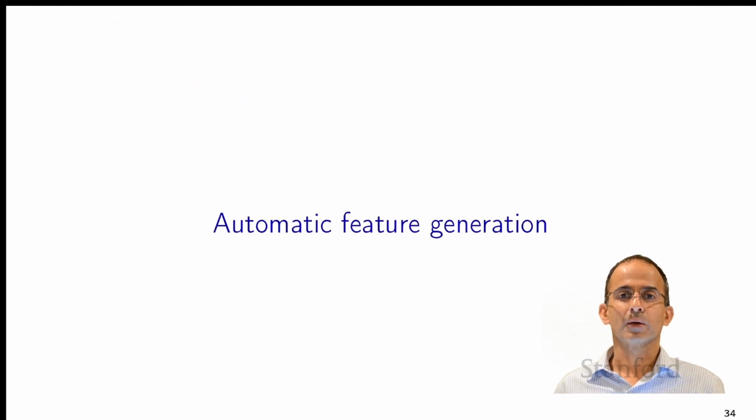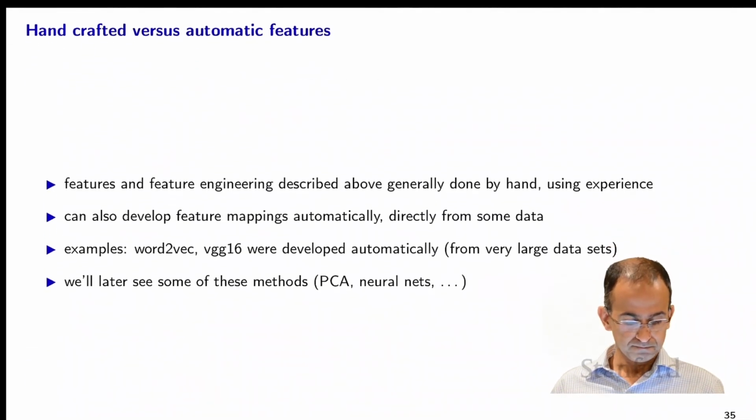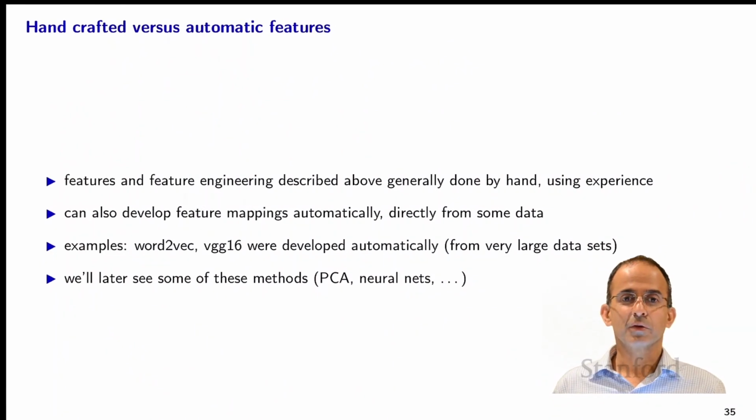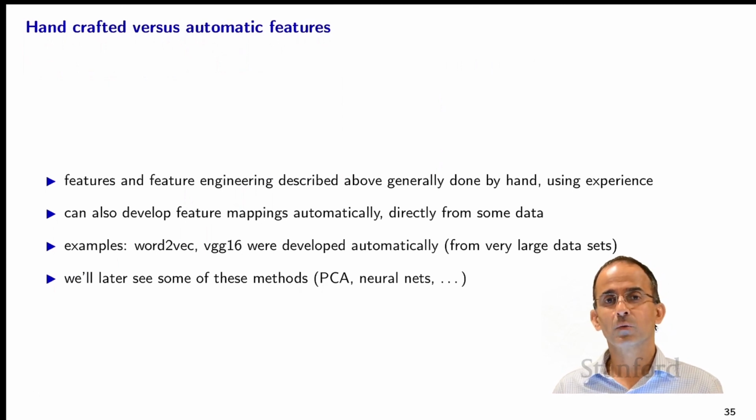Now there's one more topic that I want to mention in this section, and that's automatic feature generation. The features that we've seen so far are generally done by hand using experience. And that's hard to do. Essentially, it's done when one's trying these kinds of things. There are things that one knows are generally a good idea: standardization, logarithms, one-hot embeddings.